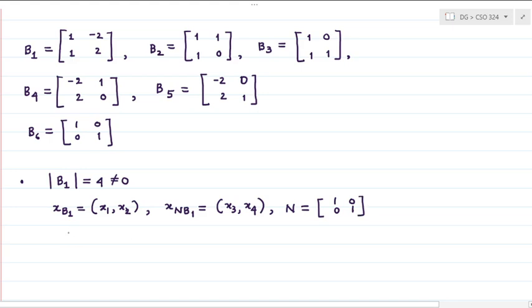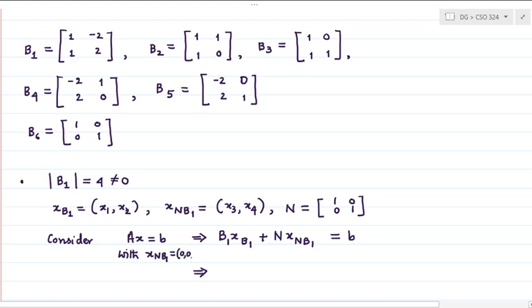Now consider the equation Ax equals b, which implies we can write it as B1 xB1 plus N xNB equals b. Considering this with xNB1 equal to 0, it gives xB1 equal to B1 inverse times b.